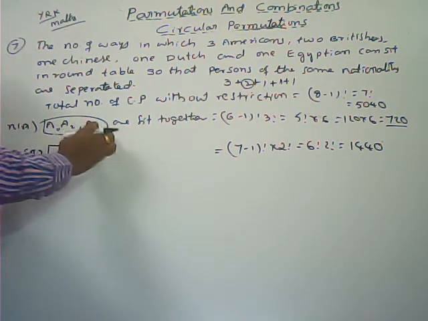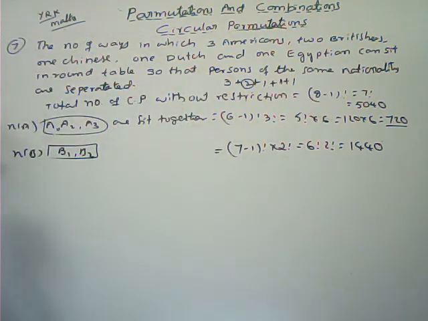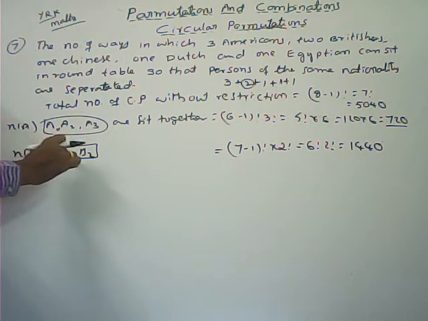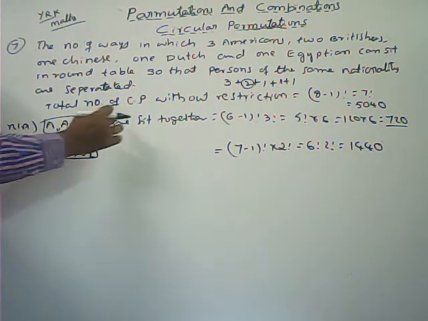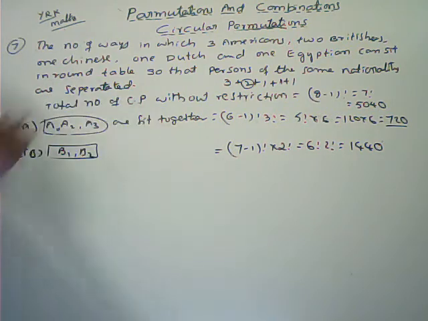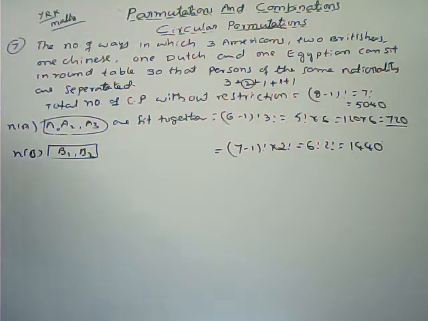Separately, I found that one. All the three Americans sit together, I got 720. Only Britishers sitting together, I have taken 1440. In this arrangement, both the Britishers are sitting together. In this arrangement, all the three Americans also sitting together. So this one and this one are coming, repeating twice. So we have to subtract one time. What is that one? Both are sitting.